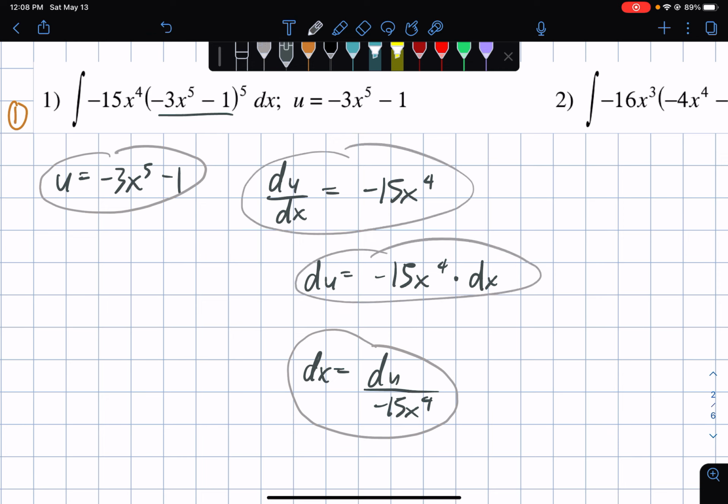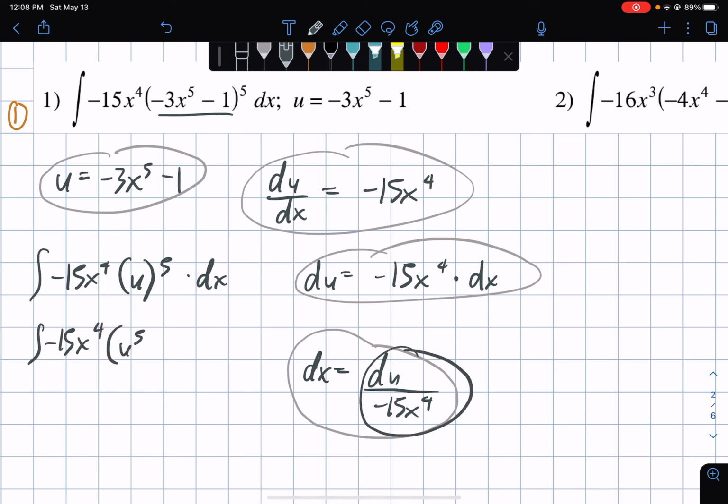We found the 4 values that we need. Just copy the integral sign, and it says here negative 15x raised to 4. Just copy this one, and then whatever is here, you put u, and then copy the raised to 5, and then times dx. What is dx? That's what we're going to do in the next step. We substitute dx with whatever the value is equal to.